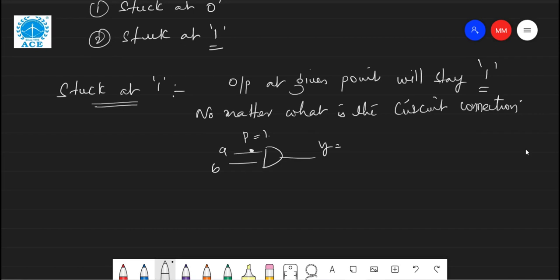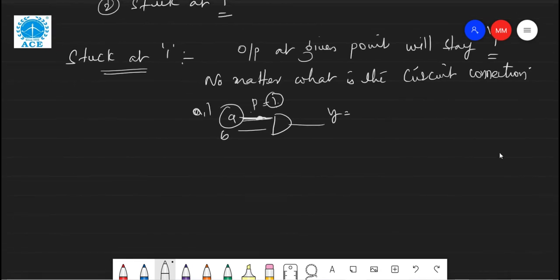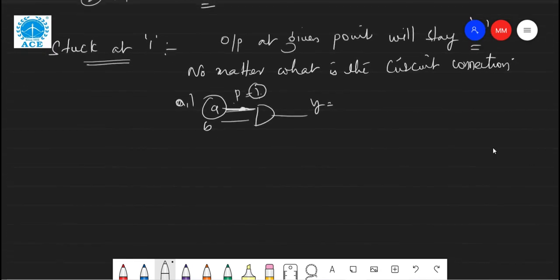Whatever the value of A, either 0 or 1, this input will always be 1 only, no matter how the connection is. The P value at this point is 1 only. So that is called a fault, in fabrication.